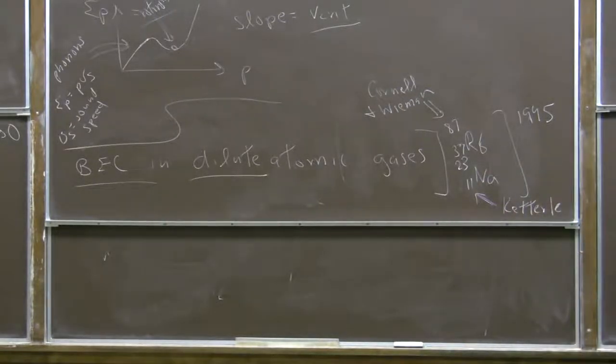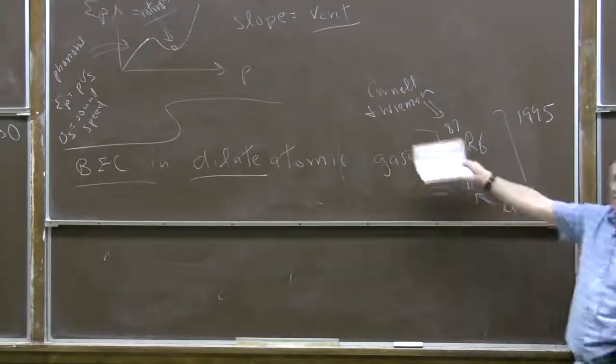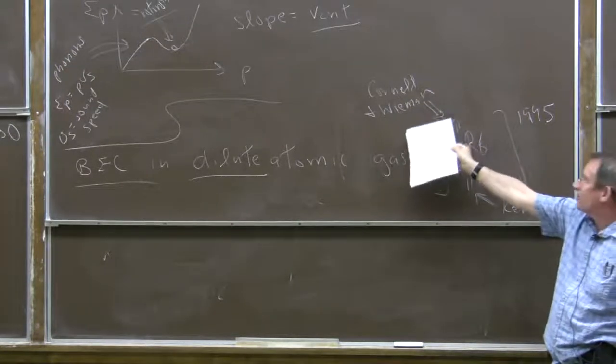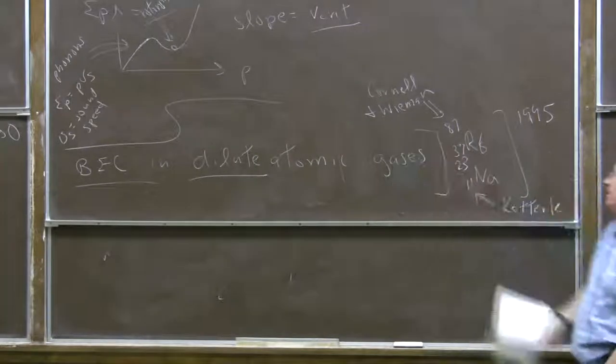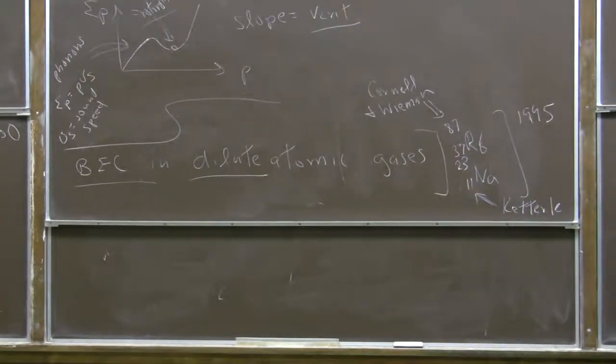And partly for fun and partly for academic rigor, on the website I put links to a website that Cornell and Wieman designed to explain how Bose-Einstein condensation was first achieved, and an article written by Ketterle a couple of years after his first experiments explaining what he did.